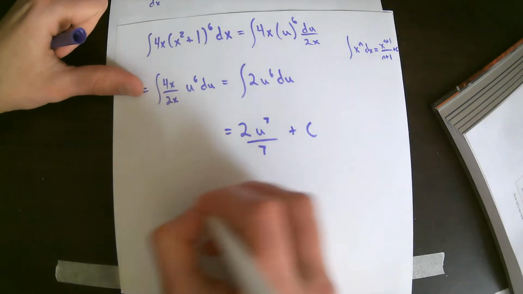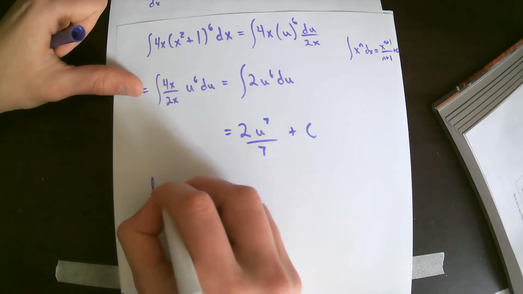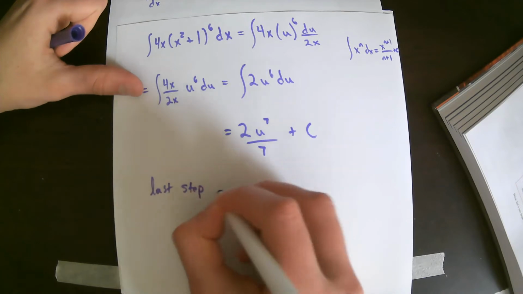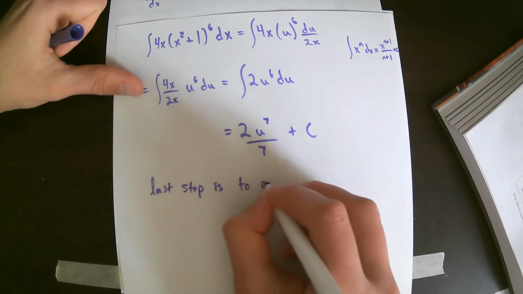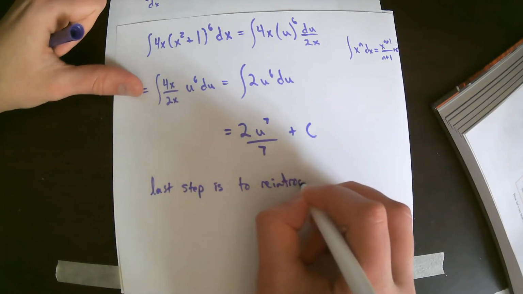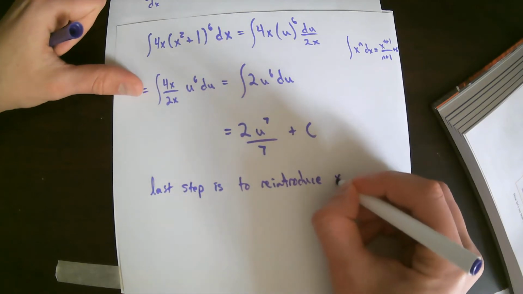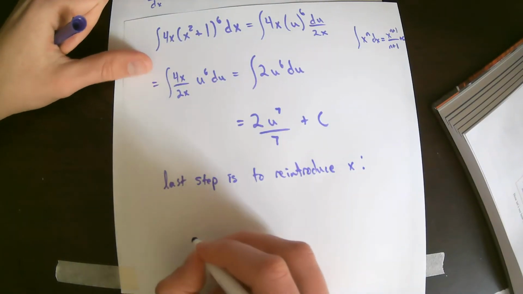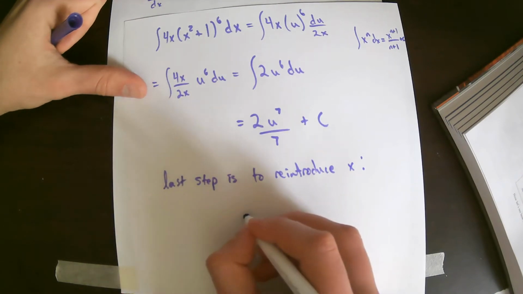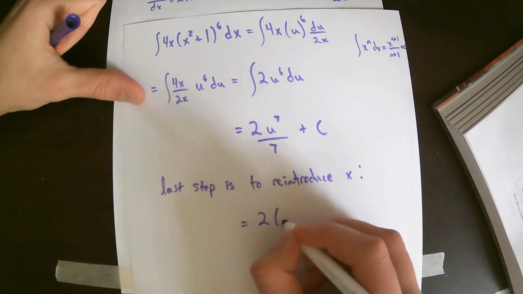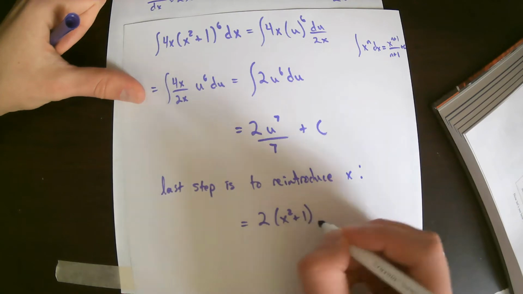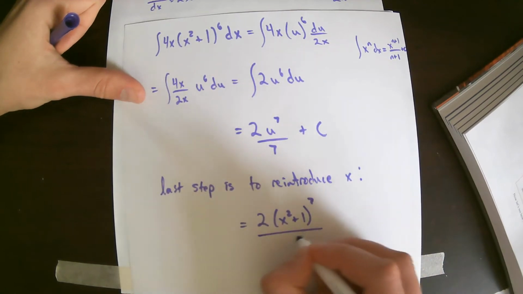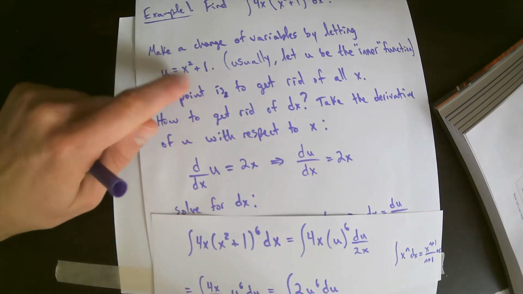Now the last step is to reintroduce x. So I'm going to say this integral is 2 times u to the 7th, but u is x squared plus 1, right?